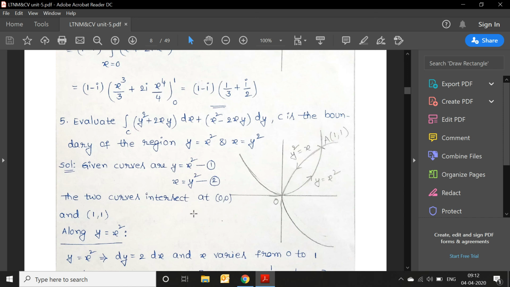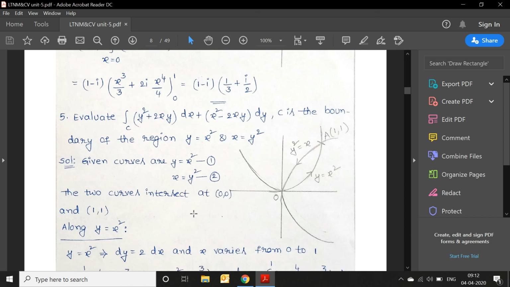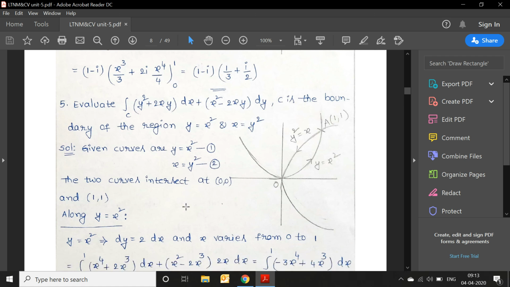So first we have to find the intersecting points of these two curves. How to find them? We can solve these two equations. If you substitute x is equal to y square, we get y is equal to y power 4, then y minus y power 4 is equal to 0.